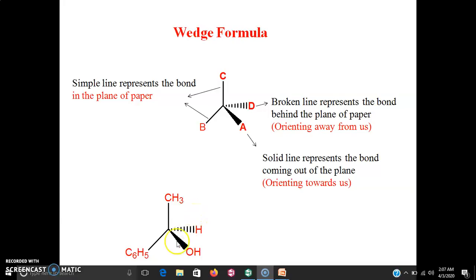Both C6H5 and CH3 groups are in simple lines, which indicates that these groups are in the plane of paper. The OH group is in a solid line, which indicates that the OH group is orienting towards us. And the hydrogen is in a broken line, which indicates that the hydrogen is orienting away from us.